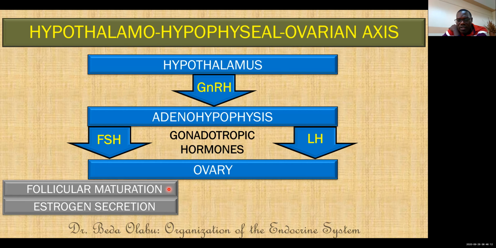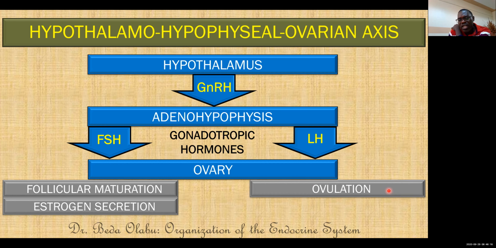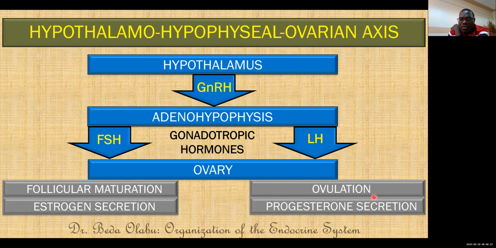On the other hand, luteinizing hormone causes ovulation. Apart from that, luteinizing hormone promotes secretion of progesterone. So this is the hormonal axis in female.